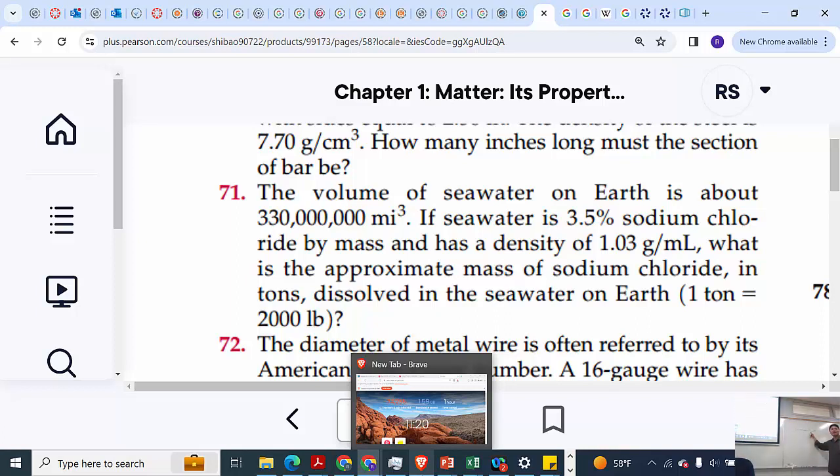If you can't write this down, then figure out how you can take this step. Now, the next step up is to get rid of miles cubed, but I don't know anything that gets rid of miles cubed, right? But if I just find something that gets rid of miles and cube the whole thing, I'm okay. So this is the next little step. But the problem is I've got to find something that takes me from miles to something else.